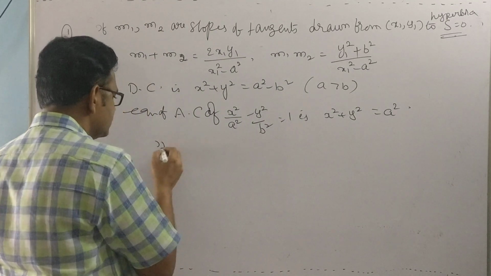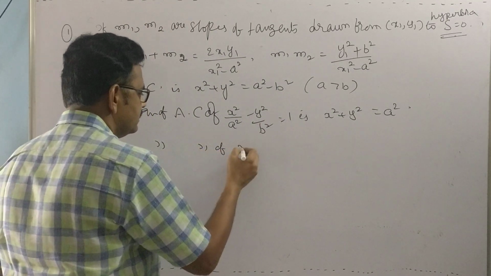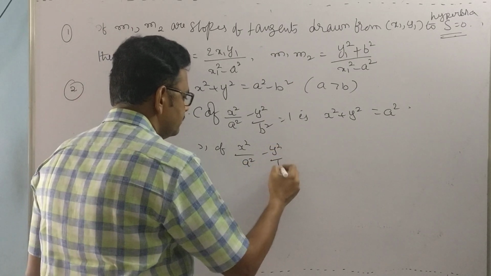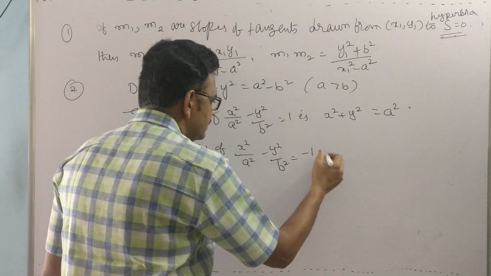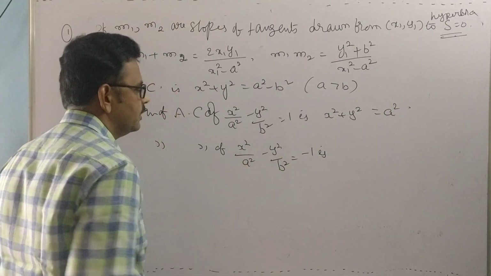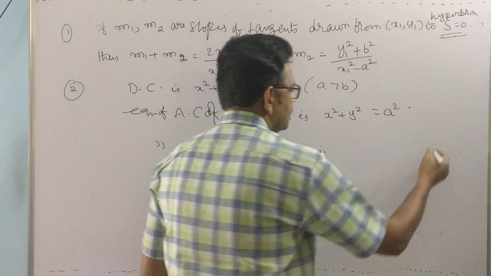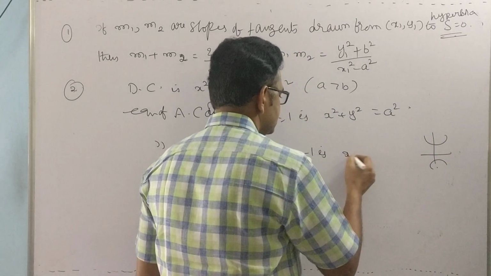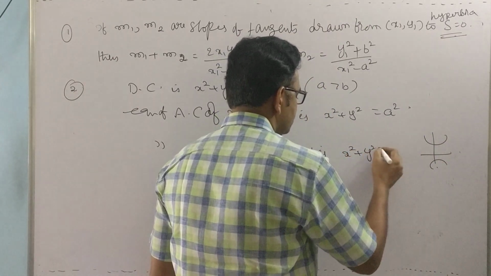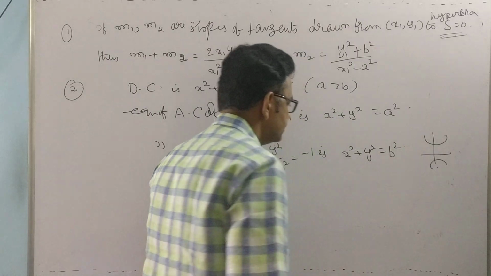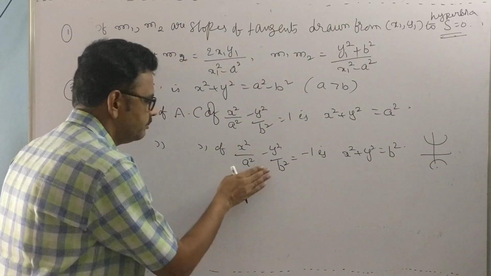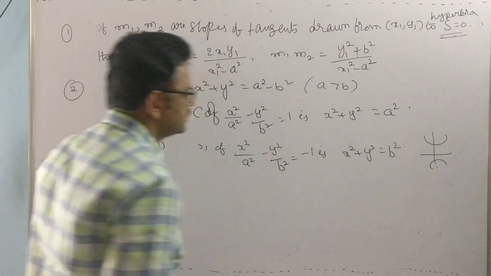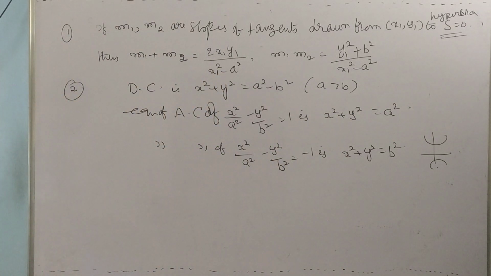Suppose the equation of auxiliary circle of x square by a square minus y square by b square equal to minus 1, this is the conjugate hyperbola, is x square plus y square equal to b square. If it is a conjugate hyperbola, b square. If it is a hyperbola, that is a square. Auxiliary circle.